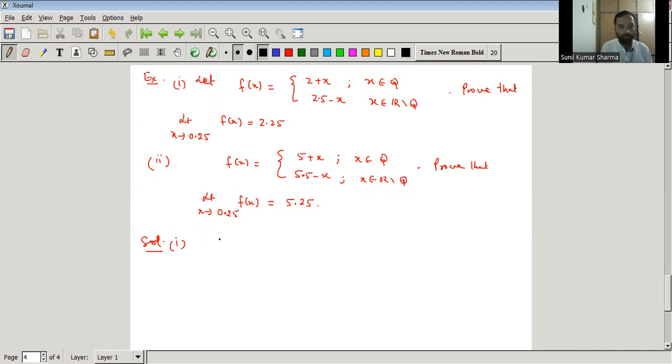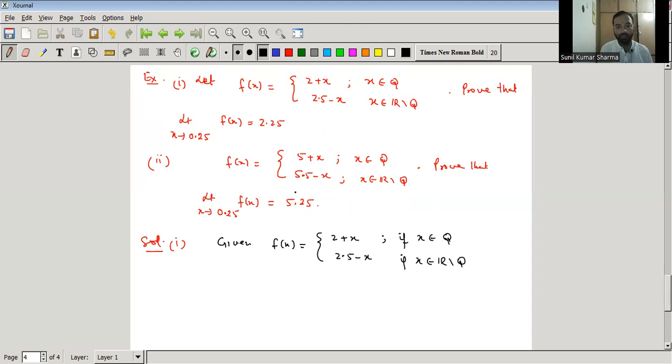Given f of x is equal to 2 plus x if x belongs to rational, and 2.5 minus x if x belongs to irrational, that is R minus Q. So we have to estimate f(x) minus L. What is f(x) here? f(x) is 2 plus x for rational and 2.5 minus x for irrational.